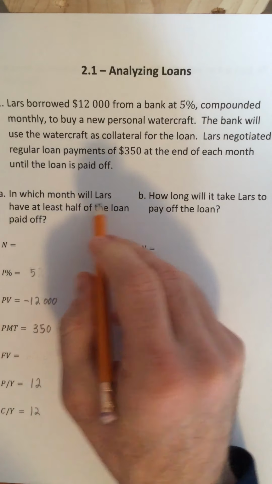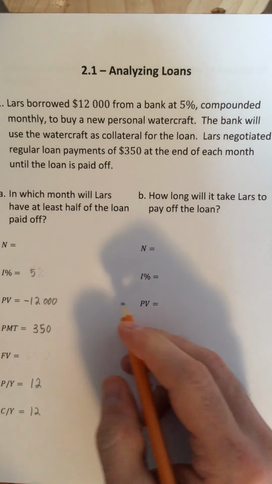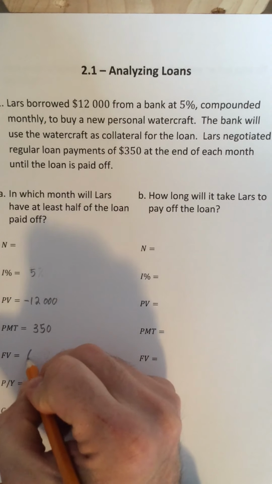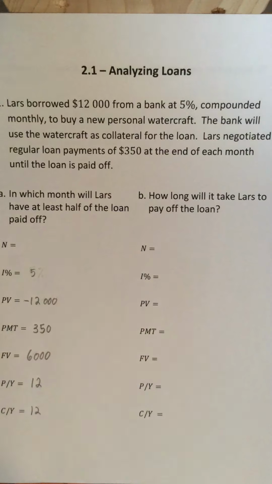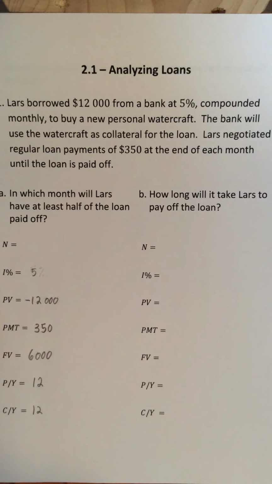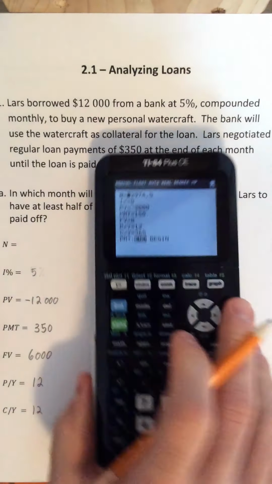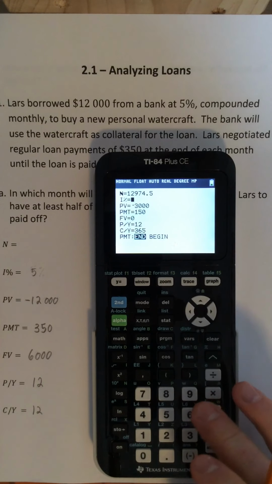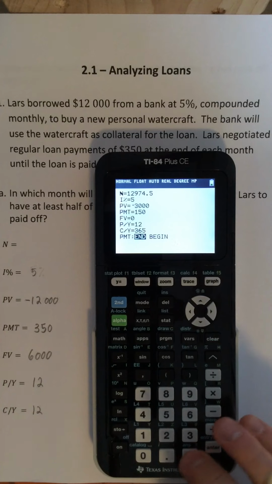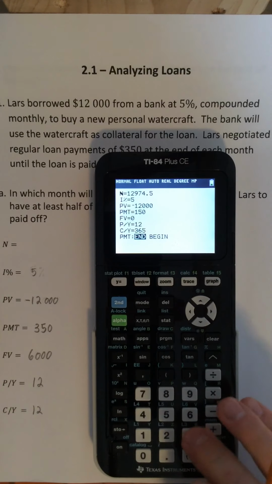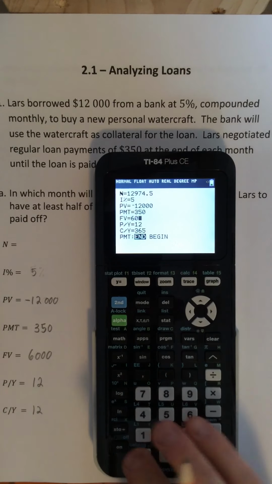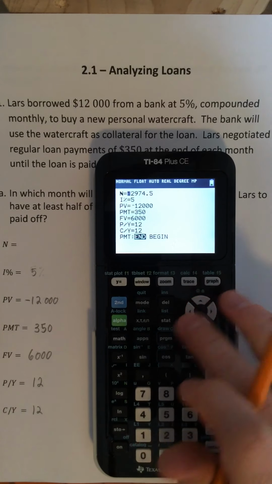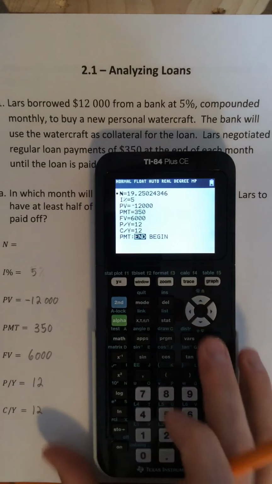Now, we're looking at when Lars has at least half this loan paid off. So we're looking when the future value will be half of this, which is $6,000. And again, we'll enter that as a positive value as well. So if we put this information in our TVM solver, we're going to highlight the N, and hit alpha enter.